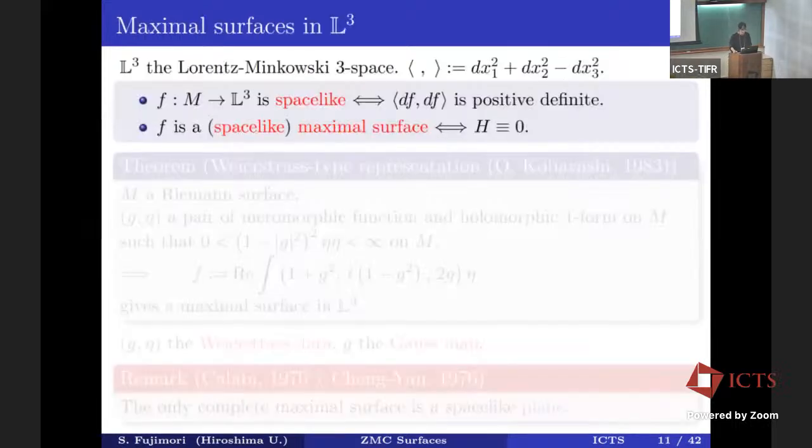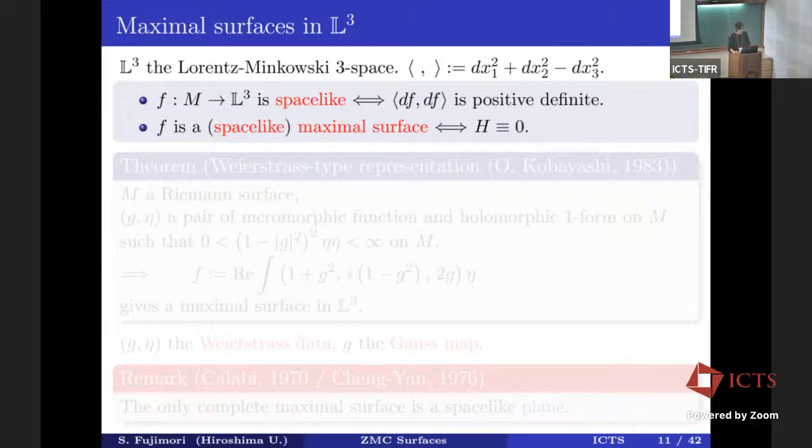Now we move to the subject of Lorentz-Minkowski 3-space. These examples we will see later as maximal surfaces, or zero mean curvature surfaces, in L3.